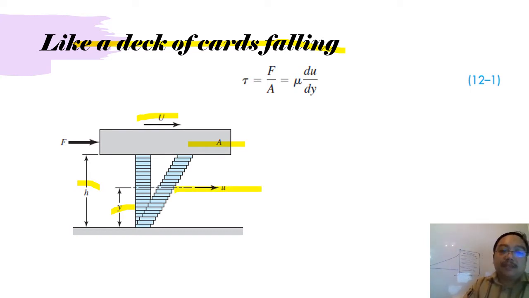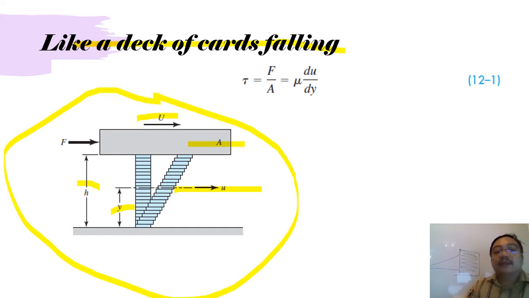What does it mean by this? Now, viscosity happens. Tau is the shear stress, F is the force, A is the area.